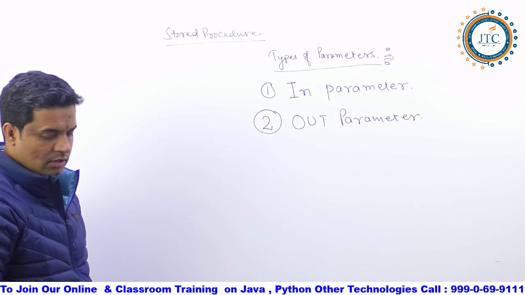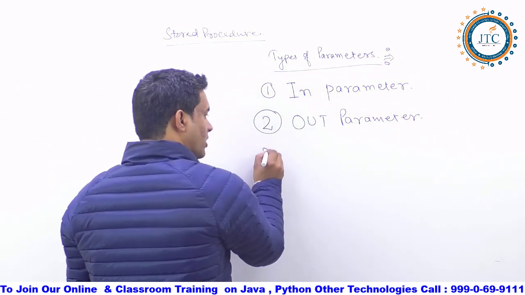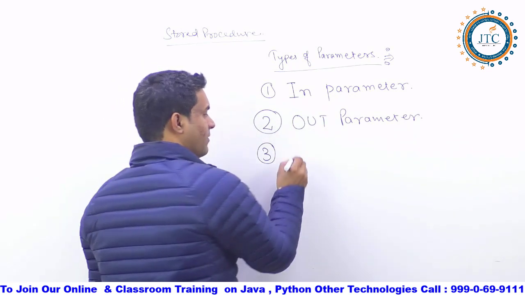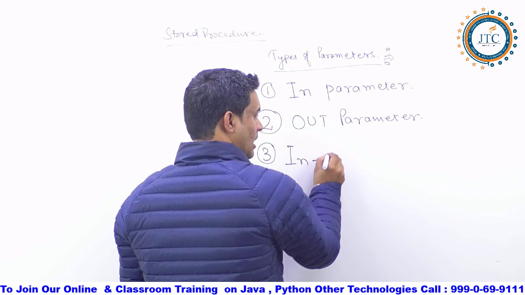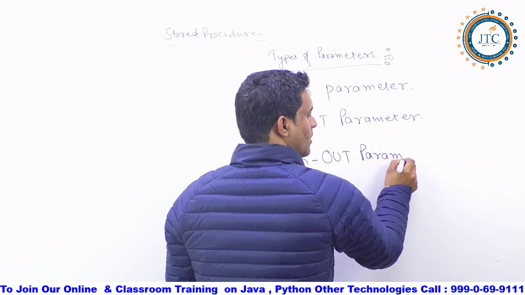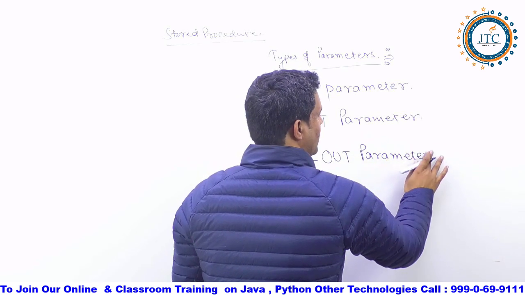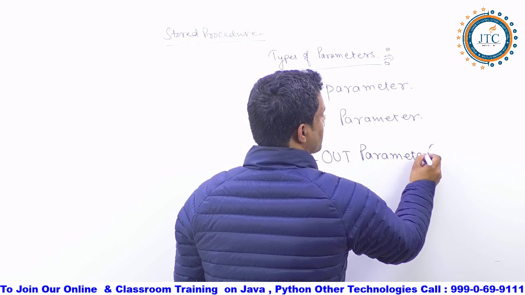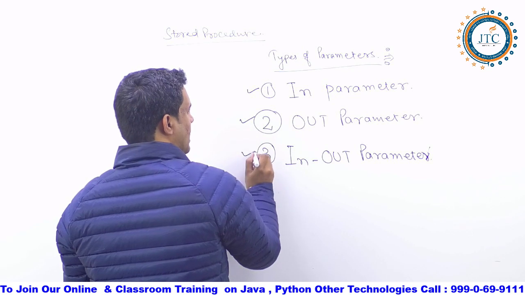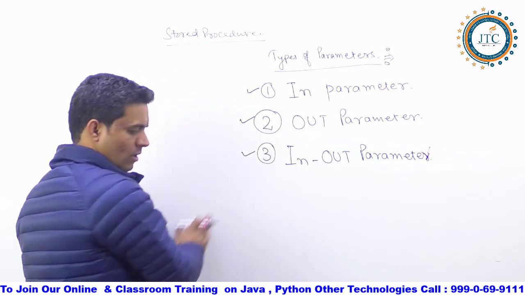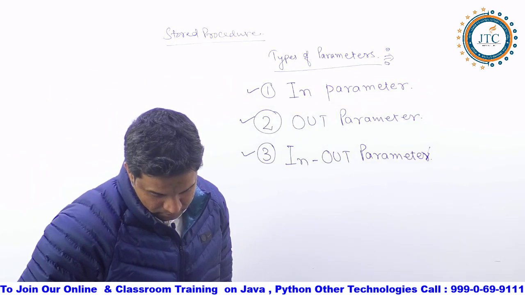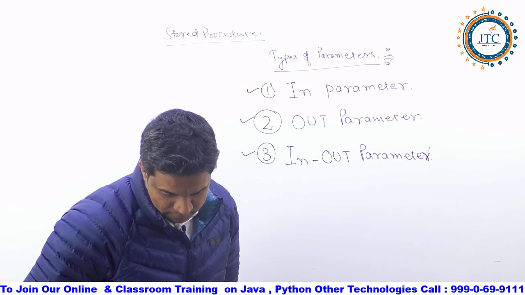And the third important one is the IN OUT parameter. We have these following things: IN parameter, OUT parameter, and IN OUT parameter, correct? Getting it? Is it visible to everyone?